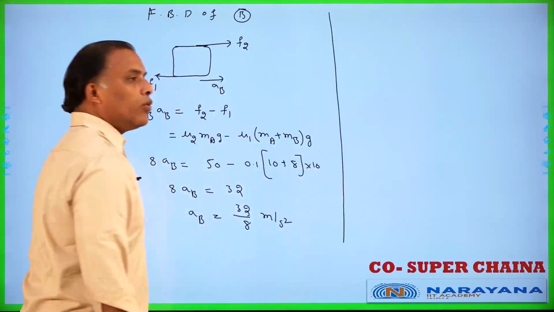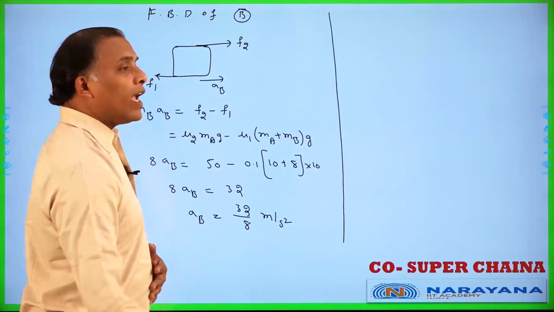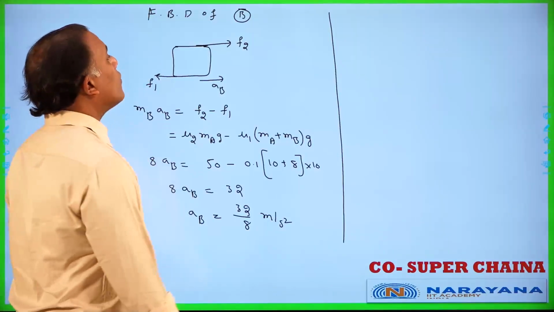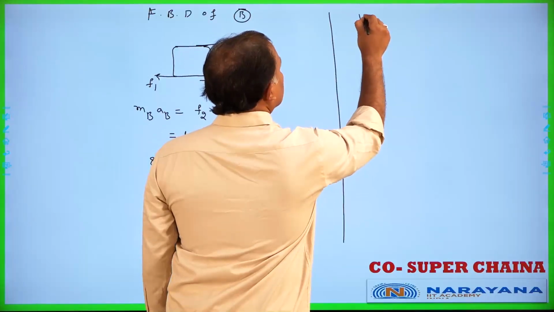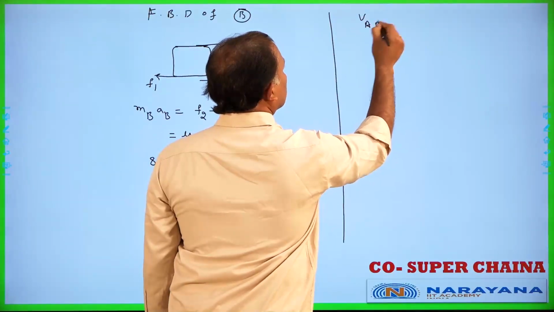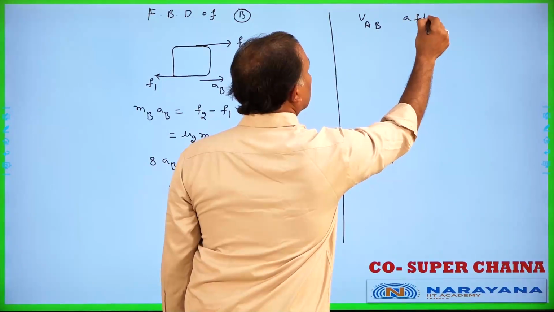Now he is asking what is the velocity of A with respect to B after time 0.01 seconds.